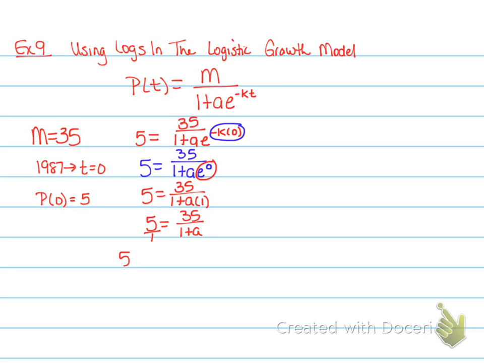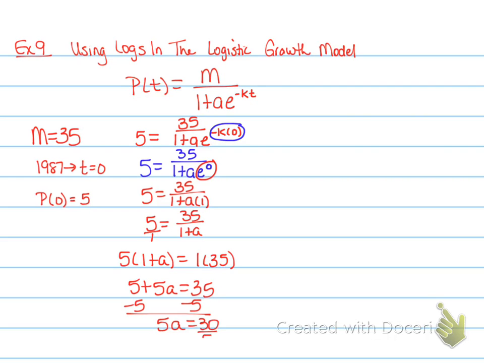So I get 5 times 1 plus A equals 1 times 35. So 5 plus 5A equals 35, and let's just solve for A. So I'm going to subtract the 5. So 5A equals 30, divided by 5, and we find that A is equal to 6.